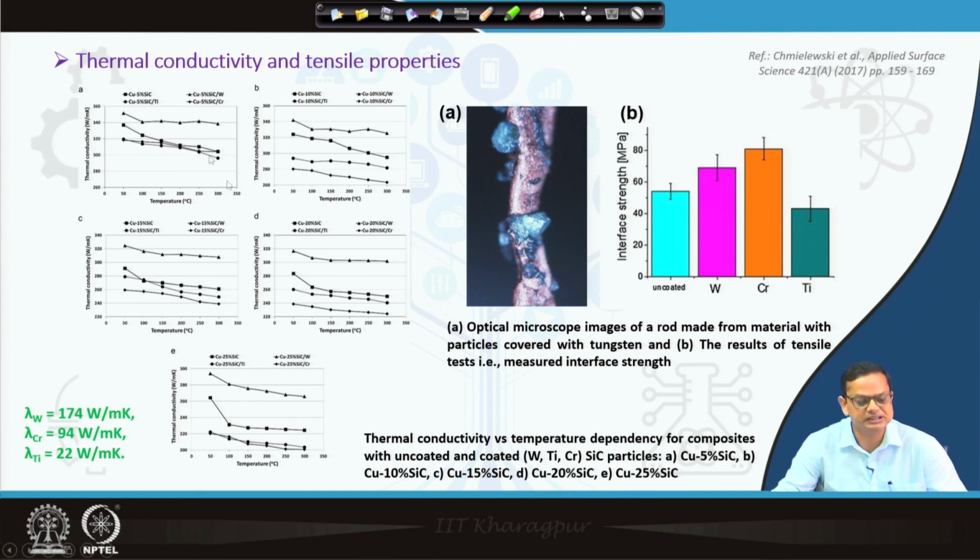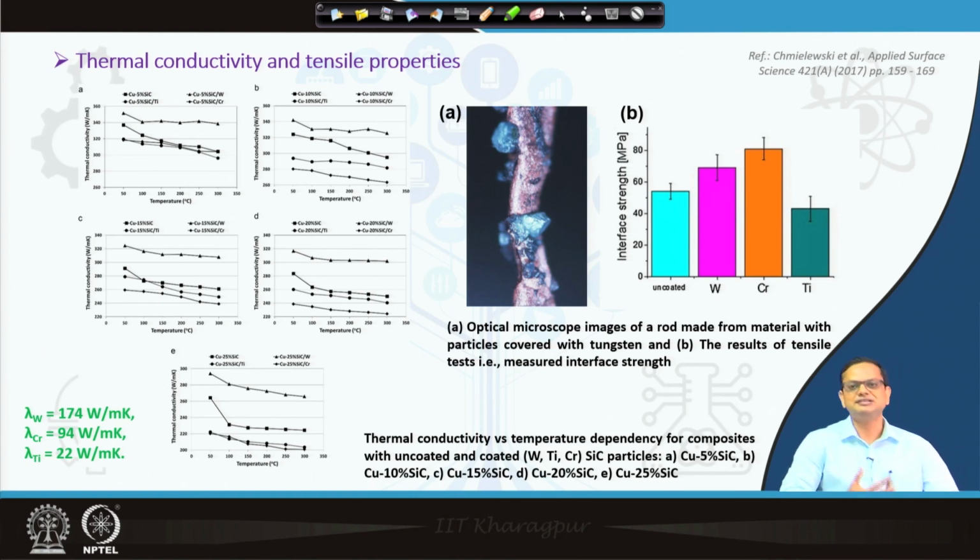However, another important thing you can see here is that this line, which is for copper silicon carbide tungsten, that means when the silicon carbide particles are coated with tungsten, is shown here, and in all cases you see this line is at the top. That means when you have tungsten deposited on SiC, thermal conductivity is the maximum.